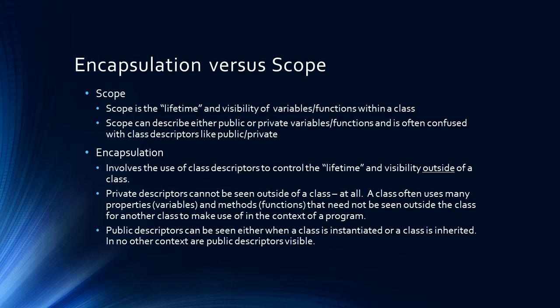Okay, so if we inherit a particular class from another class, let's say that we're talking about class 1, and class 1 is inheriting everything from class 2. But we don't inherit everything. We inherit only public items.